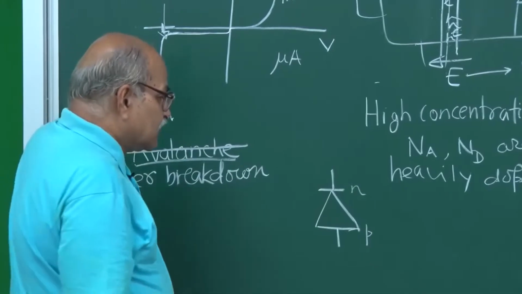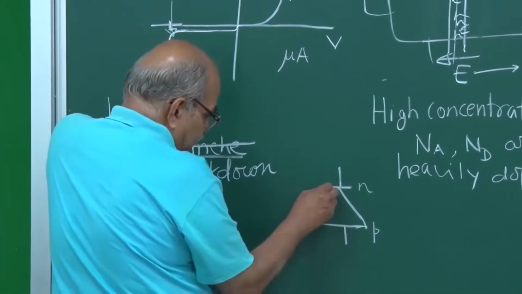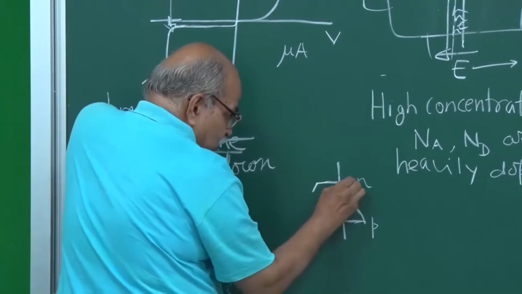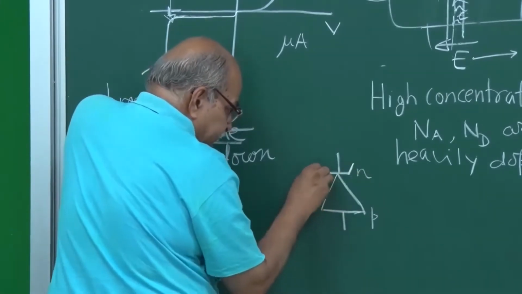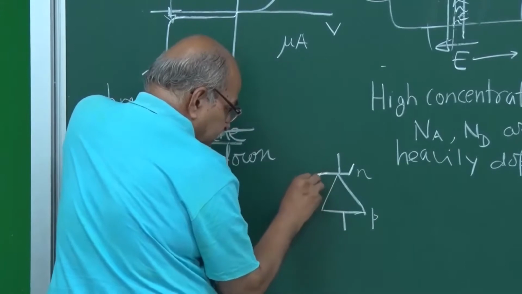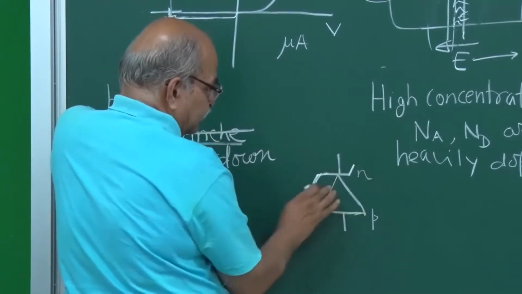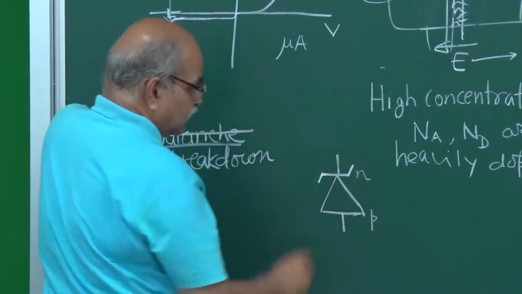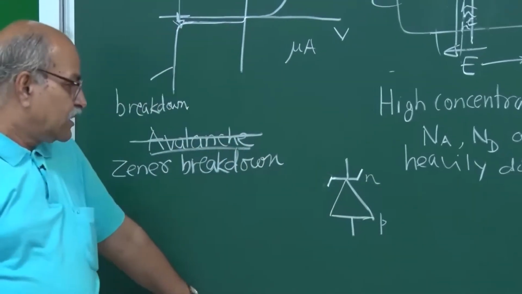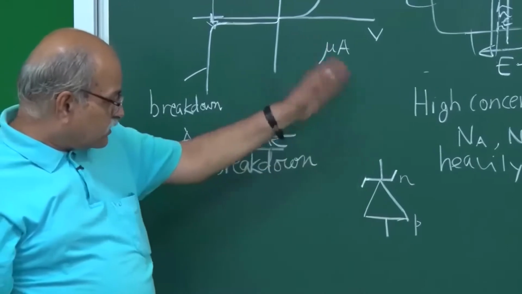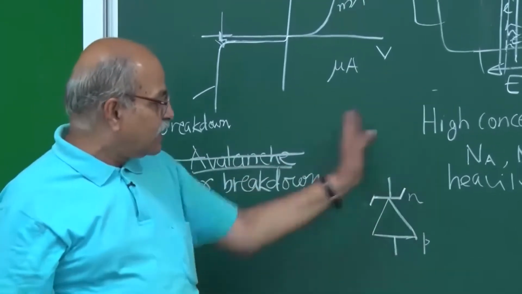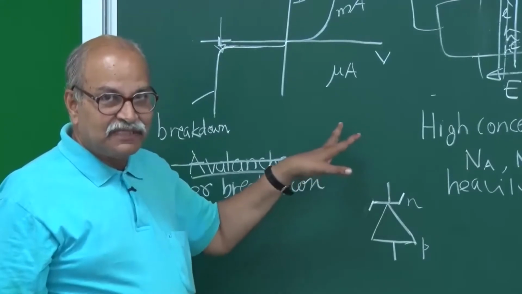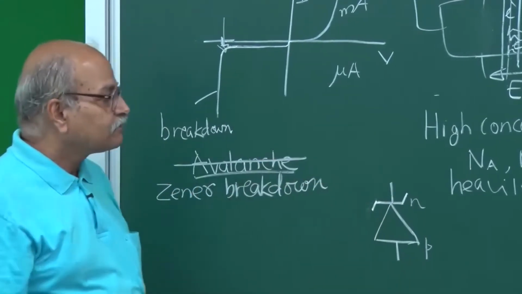But for Zener diode, this symbol has a slight modification. You put 2 more lines like this, like this. So this is a symbol for PN junction. So this is Zener diode. Wherever you see these two extra lines, you understand that we are talking of Zener diode.